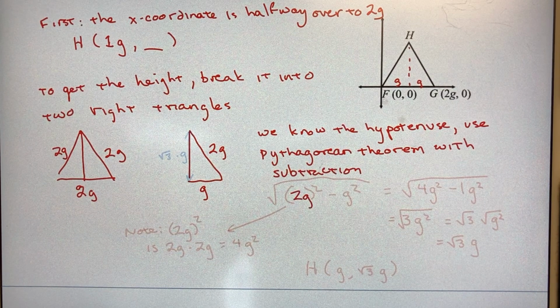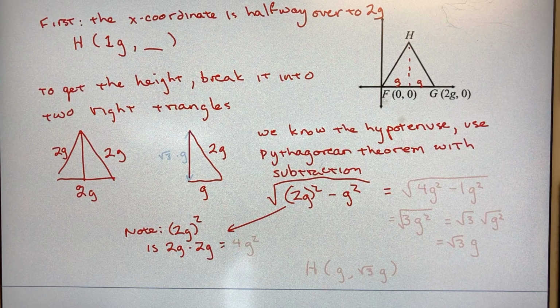So 2g squared, this is wrong. What's wrong with it? Oh, you need parentheses. Minus g squared, all under the square root sign. So with the parentheses, note, 2g, when you square it, is 2g times another 2g.